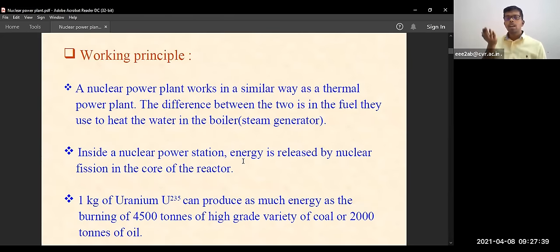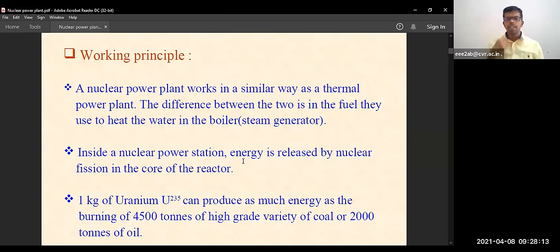But imagine, for carrying 4,500 tons of coal, how much transportation cost is needed, and how many workers are working behind it to store that coal in the coal handling plant. That is a very tedious process. It is very costly also, the maintenance and transportation. Today, you know the cost of diesel and petrol prices.